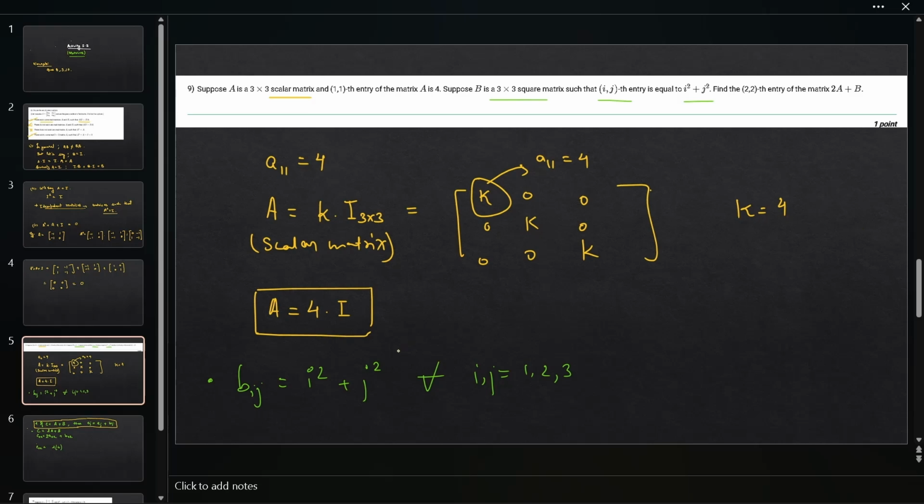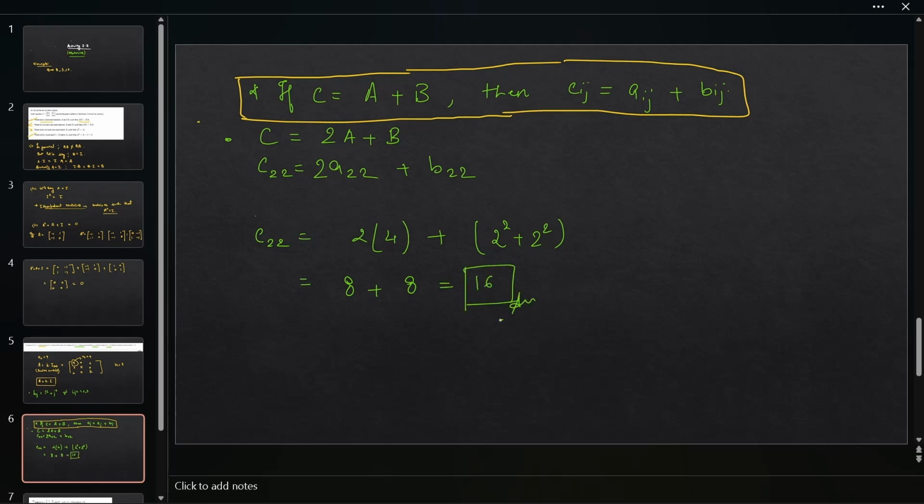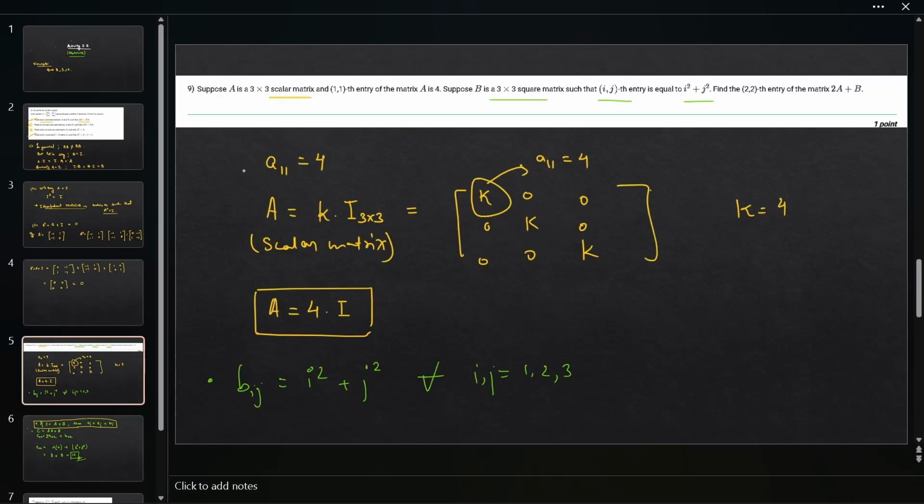Now, talking about B22, B22 is nothing but 2 square plus 2 square. Why? Because Bij was i square plus j square. So here we have 8 plus 4 plus 4, which is 8 again. So C22 is going to be 16, and that is the answer for the question.